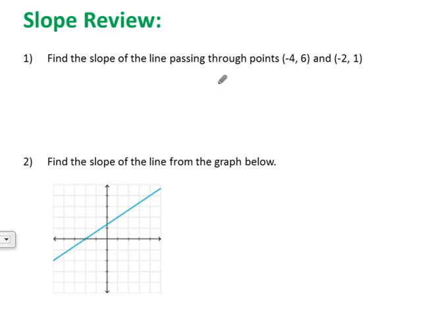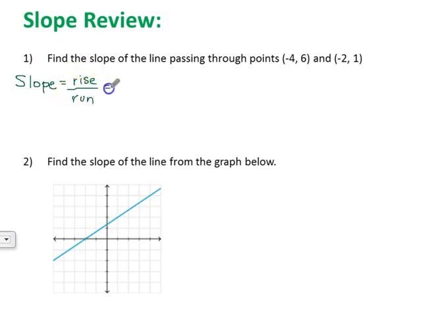So if you forget slope, go ahead and click pause and do a quick web search and type in formula to find slope. Otherwise, if you remember it, go ahead right now and write down the formula to find slope when you're passing through 2 points. All right, so the formula to find slope when you've got 2 points, remember slope is rise over run.